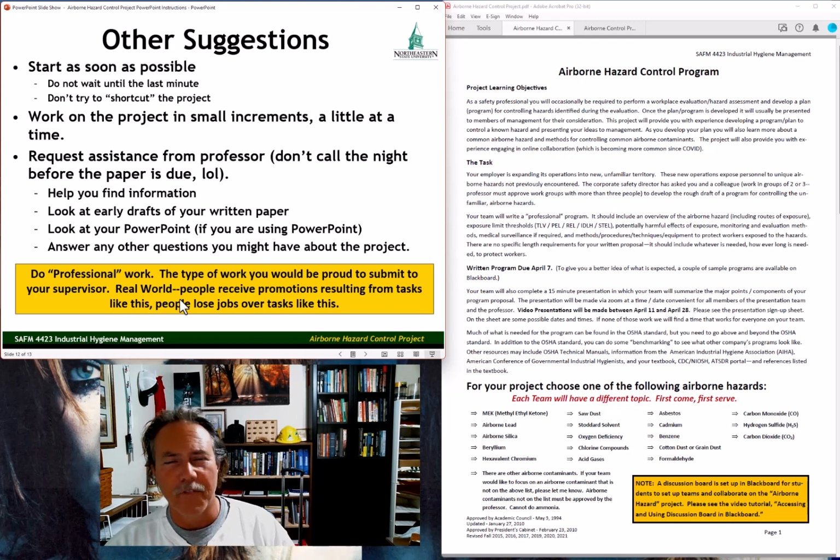Now, I don't expect perfection necessarily, but you need to do your very best to provide a professional level of product for this assignment, because that's what your supervisors will expect when you get that first job. In the real world, these are the types of activities that could result in a promotion for a worker or could result in a worker losing their job if they do a poor job with it.